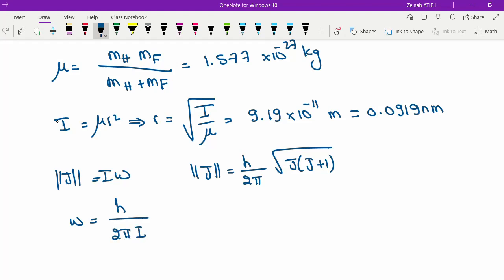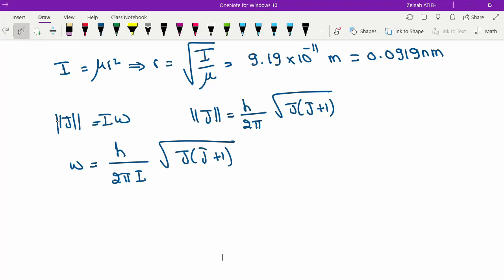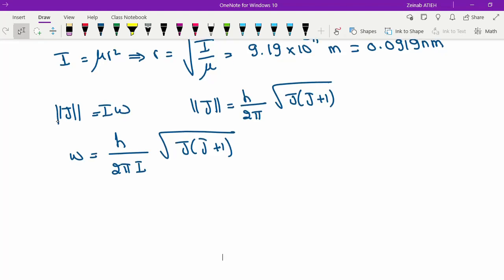So it is simply J over I, and J, quantum mechanically, is in this way radical j plus 1. So all we have to do now is substitute for J0, J1, J2, and J3, because he needs the first four levels. So I have already calculated this constant.